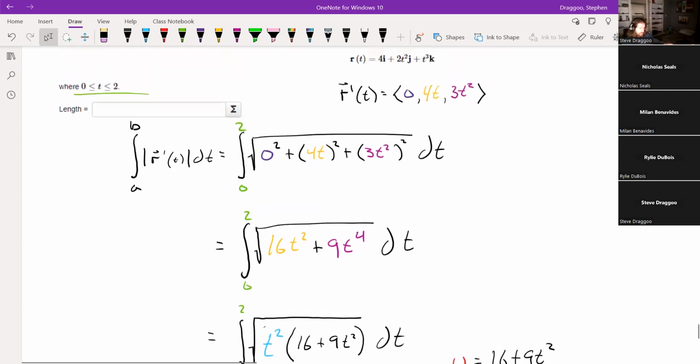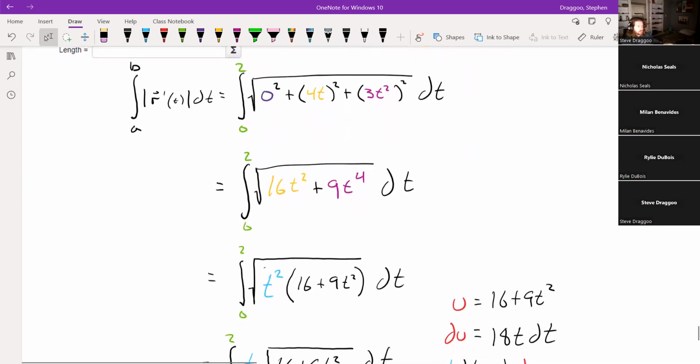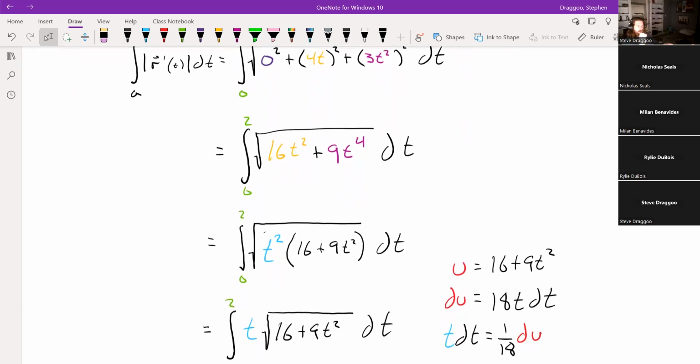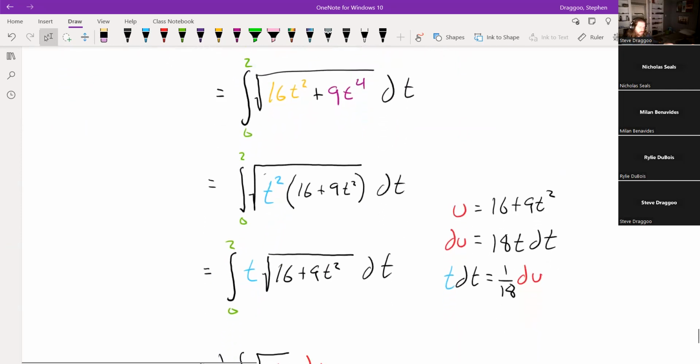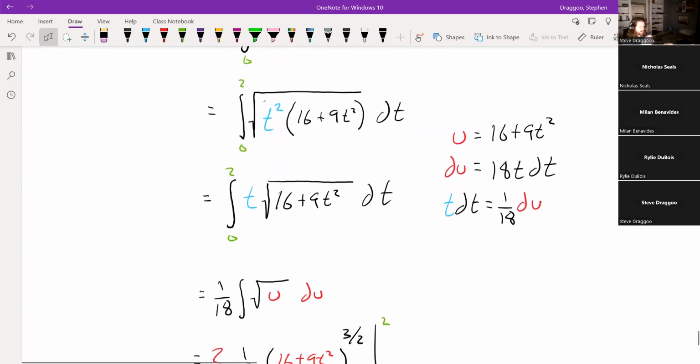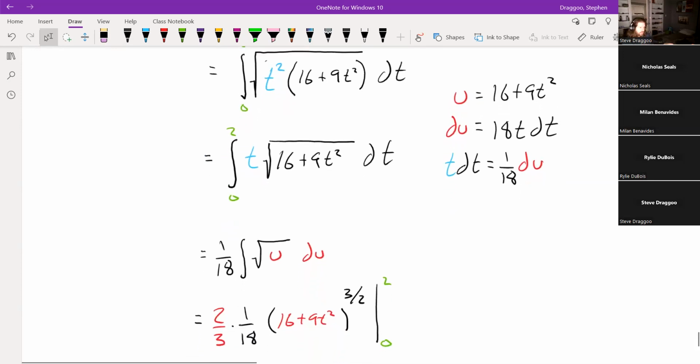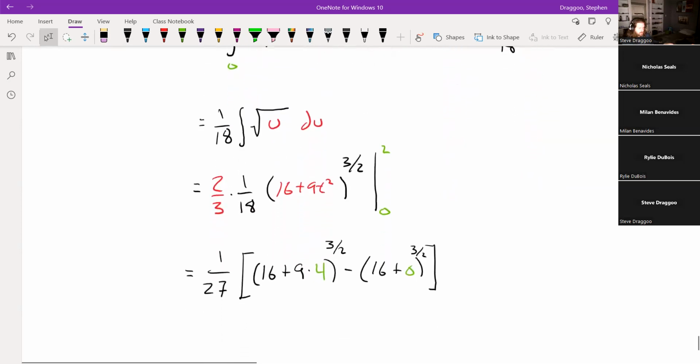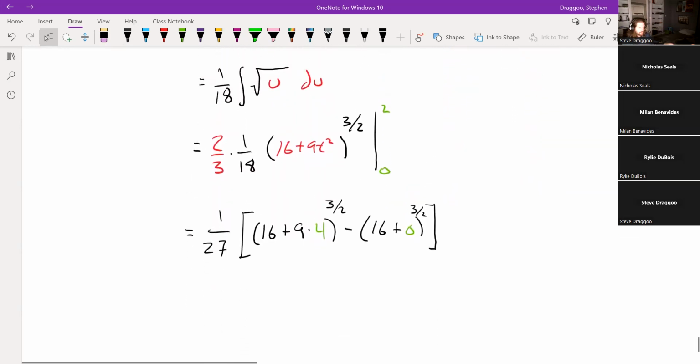And finally, I had one more thing where I needed to look at a trick that might come up in integrating an arc length. So trying to integrate some square root, a u substitution can work if you really need to, but it might help if you simplify it a little bit first. I had a t squared that I could pull out of everything, meaning a t can come outside of the square root, making this a much easier integral to handle.